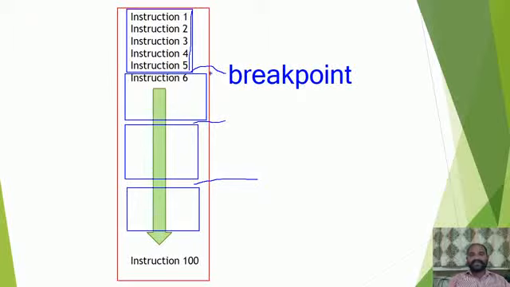So by inserting the breakpoint, we are asking the microprocessor to execute a set of instructions and wait for the developer to press something on the keyboard so that you can continue to the next block of instructions. So this is a way of debugging. Debugging means the procedure to identify the location of the error by splitting the entire program into groups of instructions and executing them in sequential order.